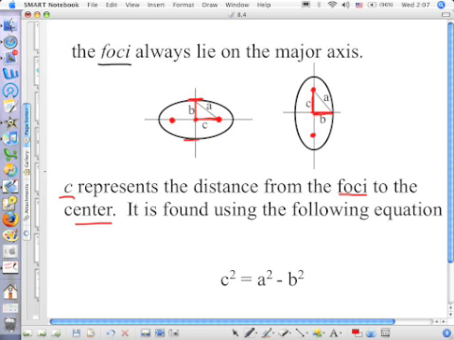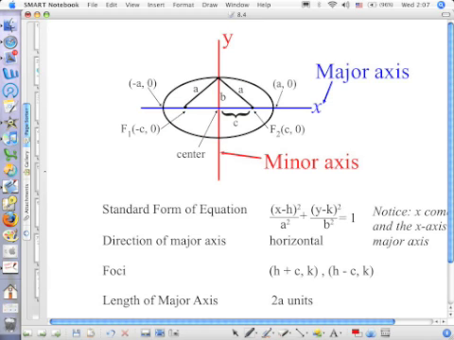So, is B an actual point? B is the distance from the center to the end of the minor axis. C is the distance from the center to the foci. Now watch this. A represents the distance from the center to the outside of the major axis. Now this is very important that y'all get these straight in your heads because we're going to be writing equations from pictures.